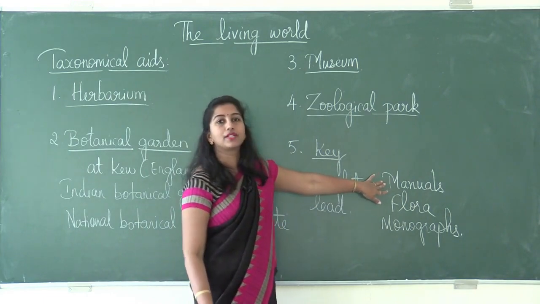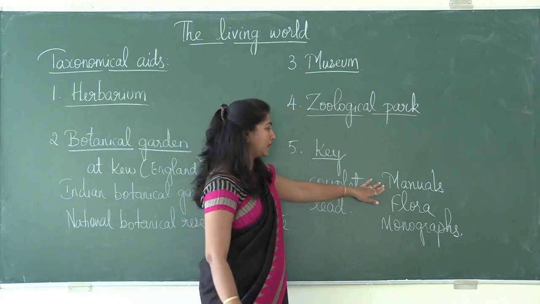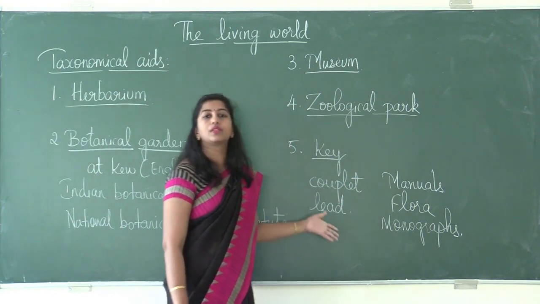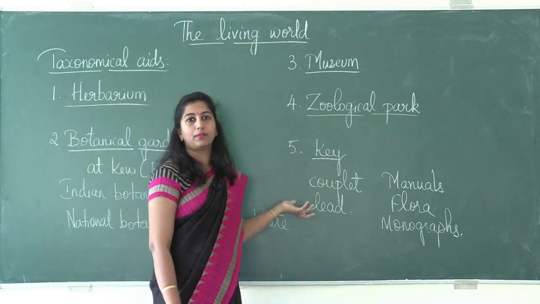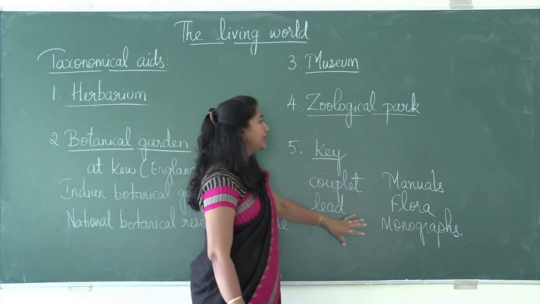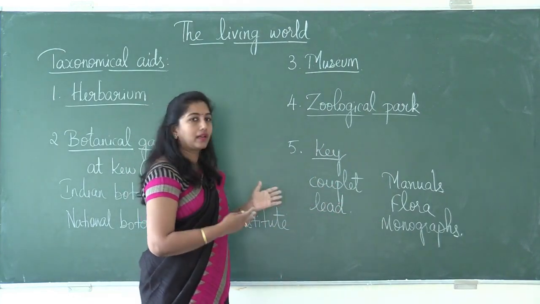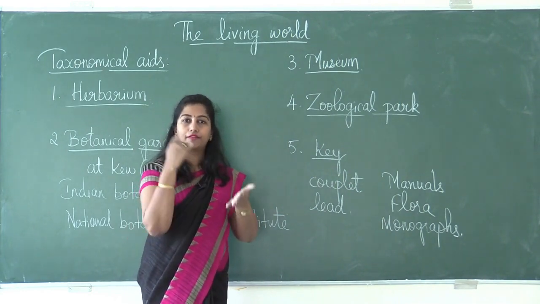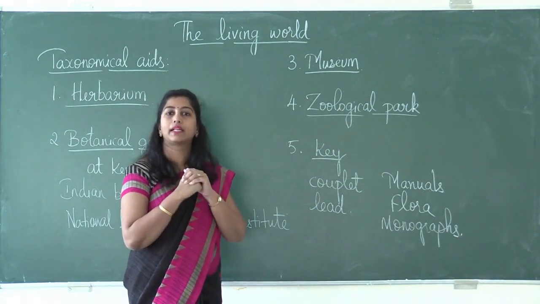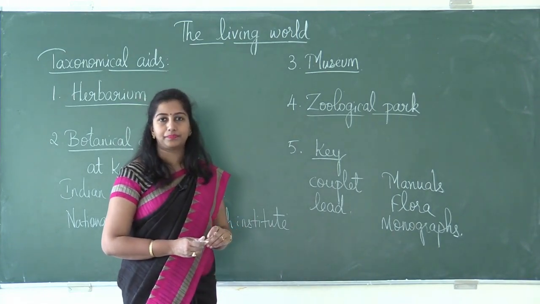Manuals will give you information about the name and the botanical name of particular plants or animals. Monographs also will give us information about a particular taxon. All these different helps which we take to make a detailed study of different taxonomic categories are called taxonomical aids, and these are some of the taxonomical aids.